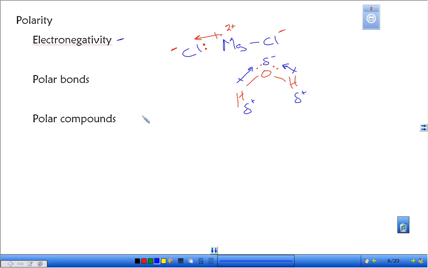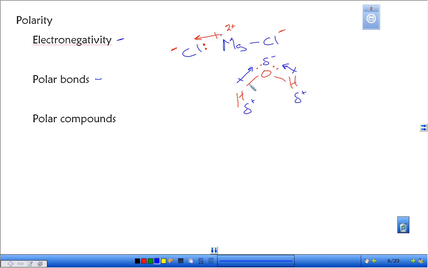Now, what that does for us is it creates what we call polar bonds. So if we look at the bond between hydrogen and oxygen, we have a slightly negatively charged end and a slightly positively charged end. So you kind of have a magnet created between those two things because of their different charges. Now, having polar bonds does not mean that you have a polar molecule all the time.